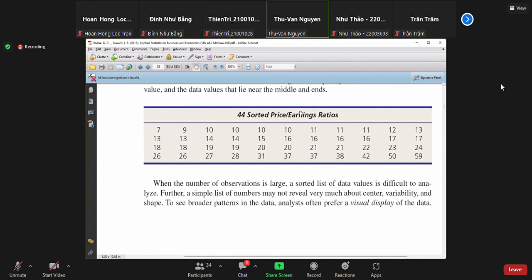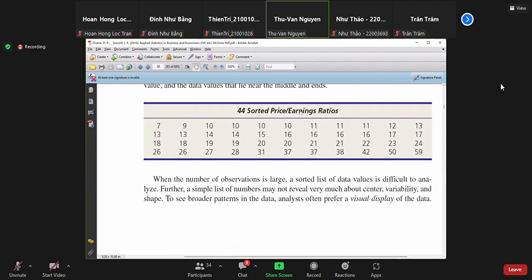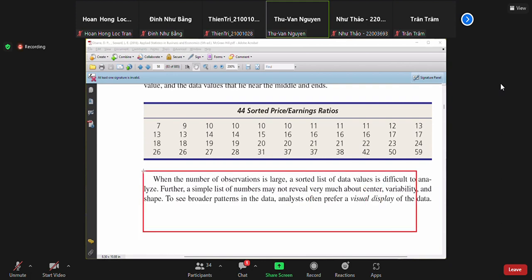So we have the sorted 44 P ratios. How can we sketch a stem and leaf display? You have to form a table consisting of 3 columns.